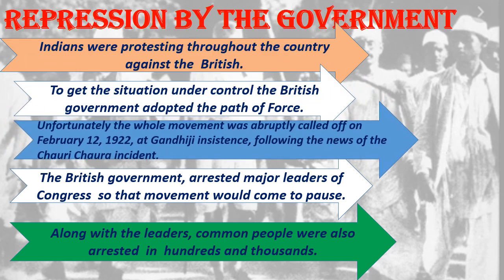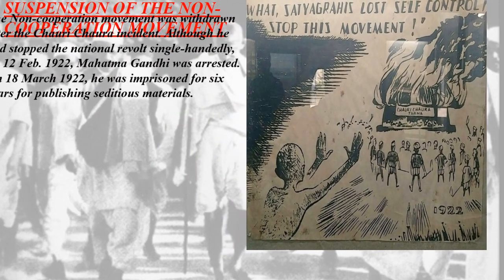Unfortunately, the whole movement was called off on February 12, 1922, at Gandhiji's insistence, following the news of the Chauri Chaura incident. Gandhiji suspended the non-cooperation movement because of the incident which occurred at Chauri Chaura in Uttar Pradesh.